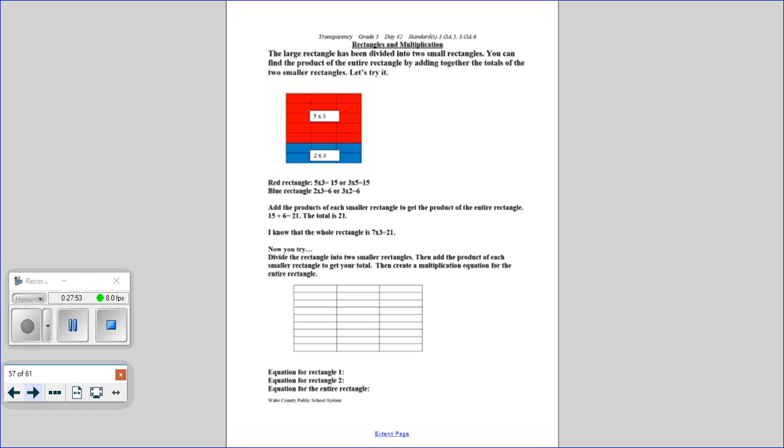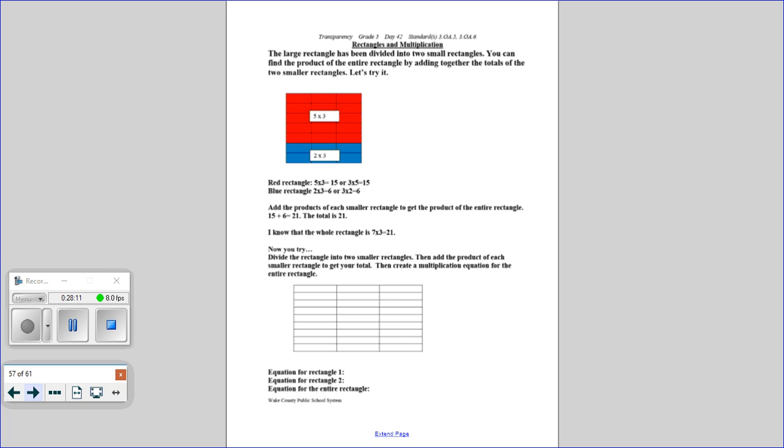Alright, it says the large rectangle has been divided into 2 smaller rectangles. You can find the product of the entire rectangle by adding together the totals of the 2 smaller rectangles. Divided just means break apart.